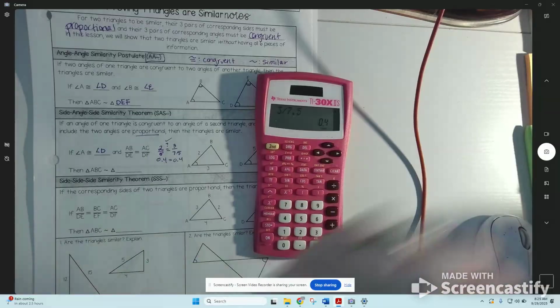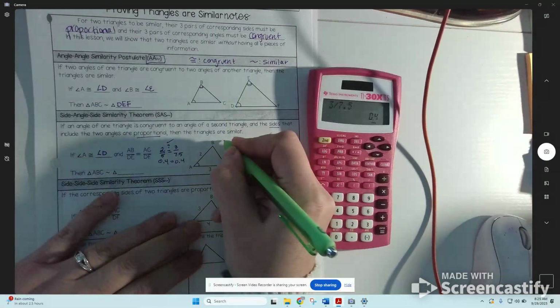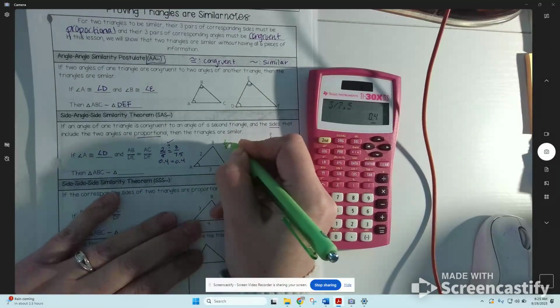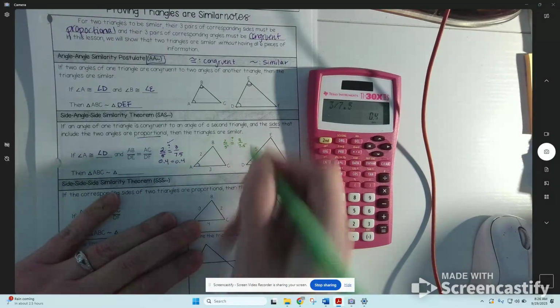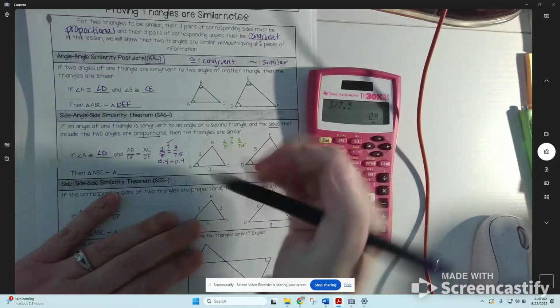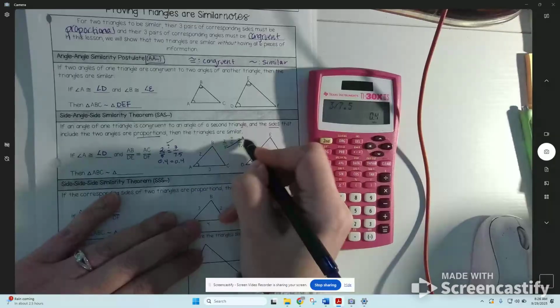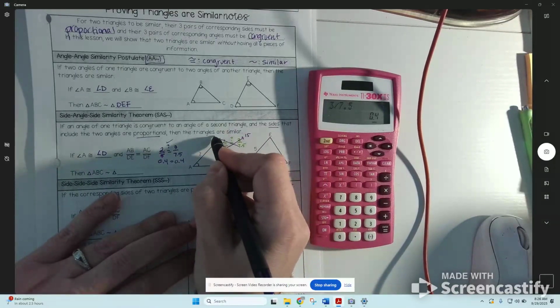That's one option. Option 2, I'm going to get a different color here and steal some space over here. We could do what's called a cross product, so I can multiply across. I'm going to do this one first. 5 times 3 is 15, and 7.5 times 2 is also 15.